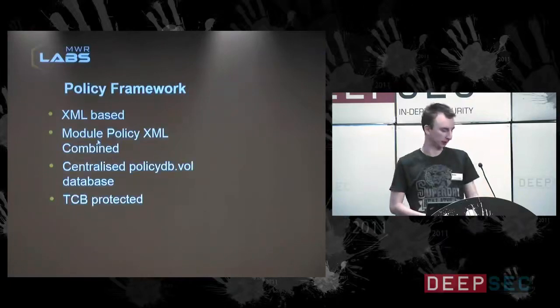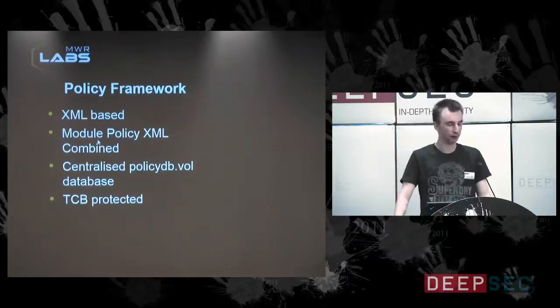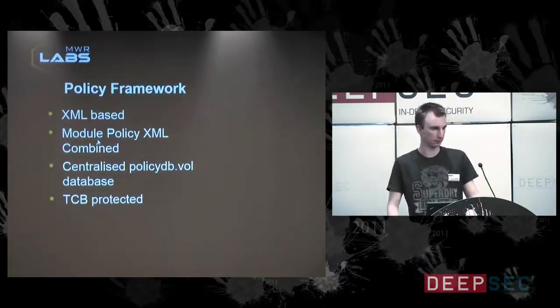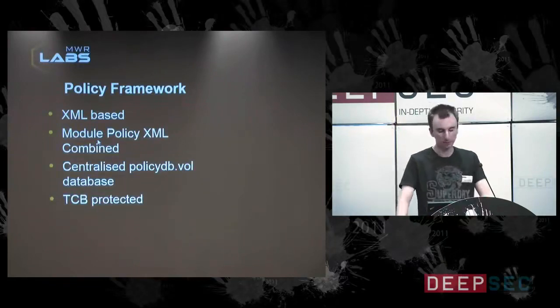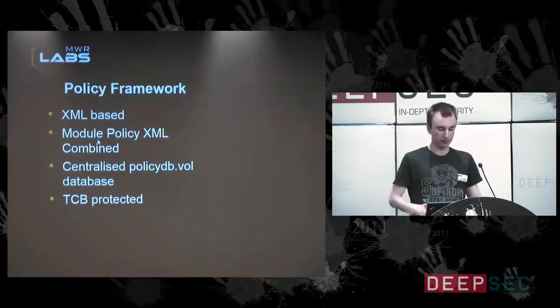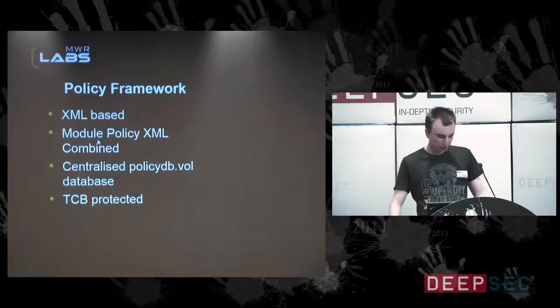So the modules, when you build the operating system, have XML policy documents which specify what security critical functionality should be exposed from that module on the phone. These policy XMLs are all combined into one big policy XML, and then finally compiled into this centralized policy database.